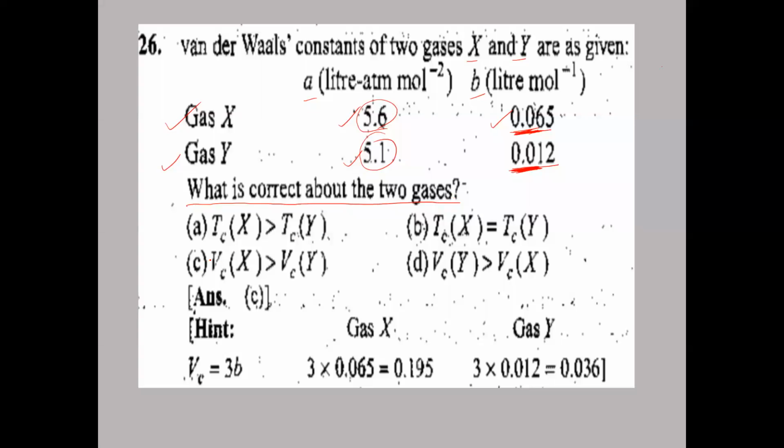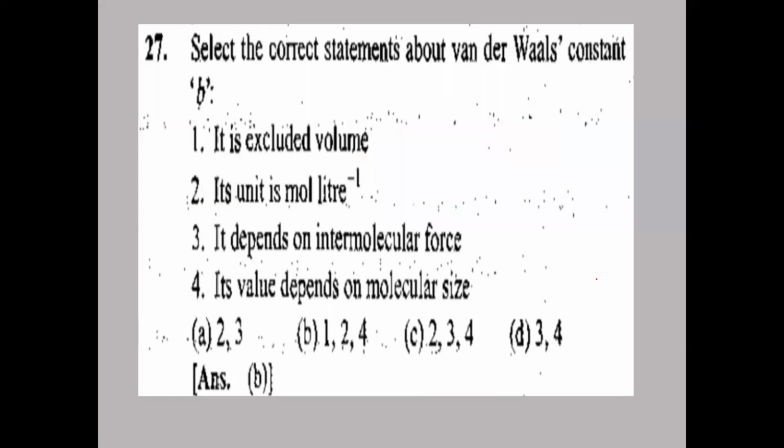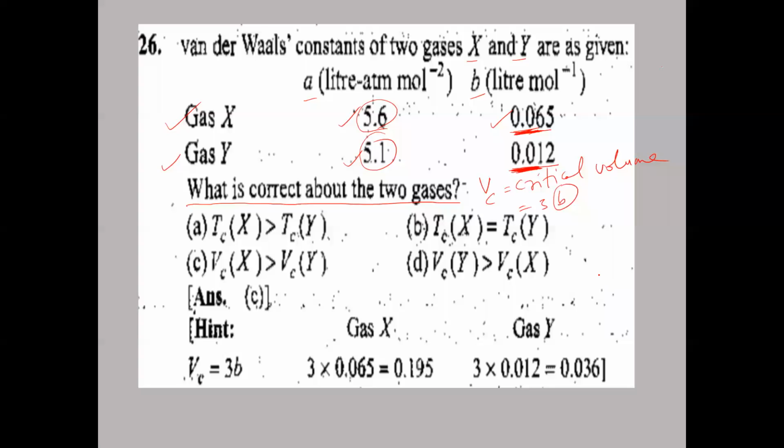Now here, VC is given. VC means critical volume. I told you we'll discuss these critical constants later. So critical volume VC is equal to 3 into B, 3B. So the critical constant is 3 into B, we have to take here.